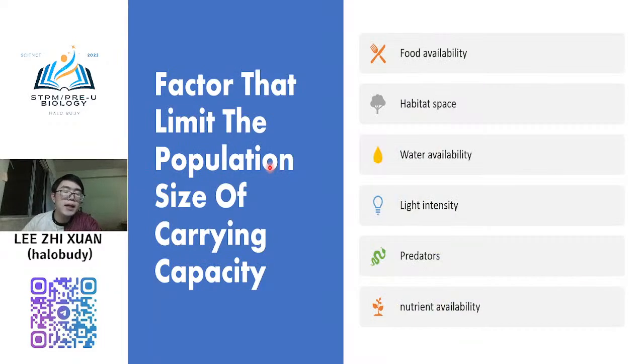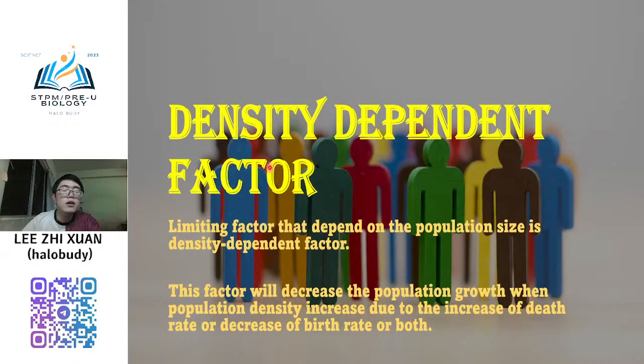And then there are also two other main factors we call density dependent and density independent. Density dependent is a limiting factor that depends on the population size. This factor acts because of the population size, whether it is increasing or decreasing.